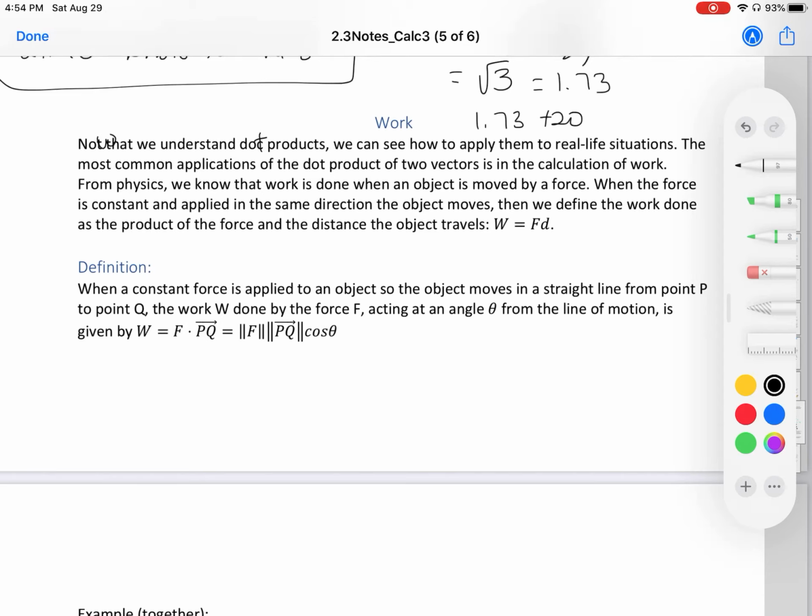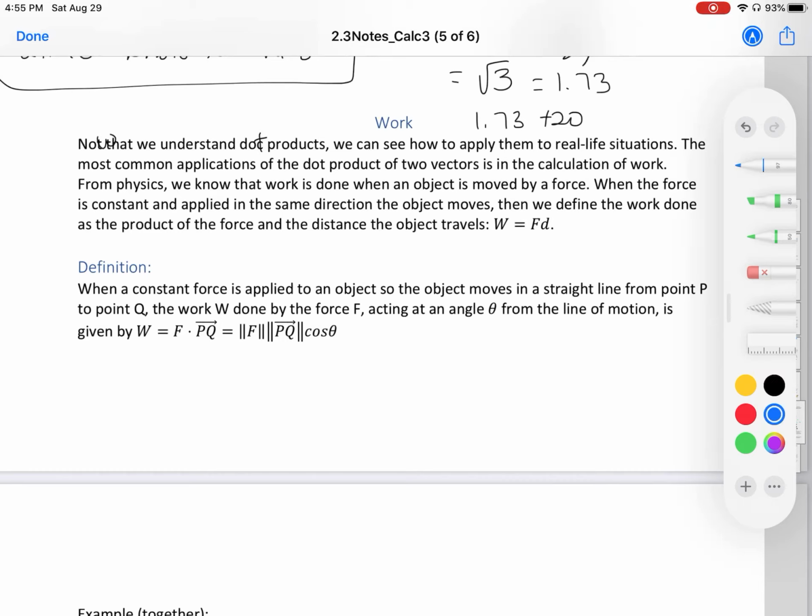When the constant force is applied to an object, so the force moves in a straight line from point P to Q, when the work W done by force F is acting at angle theta from the line of motion is given by W equals F dot product PQ, or the magnitude of F times the magnitude of PQ times cosine theta.